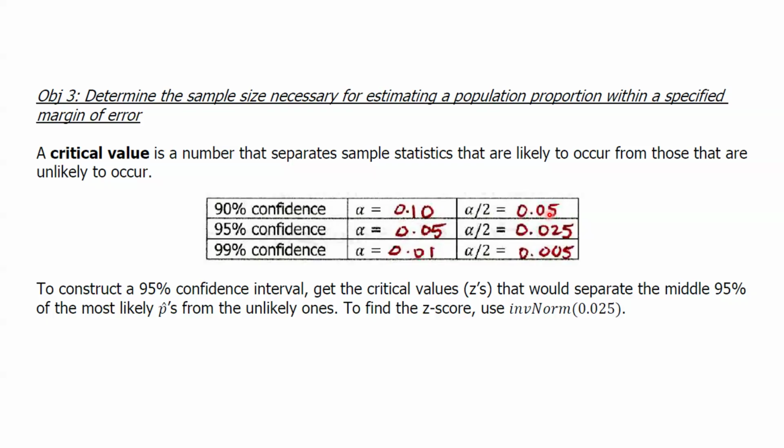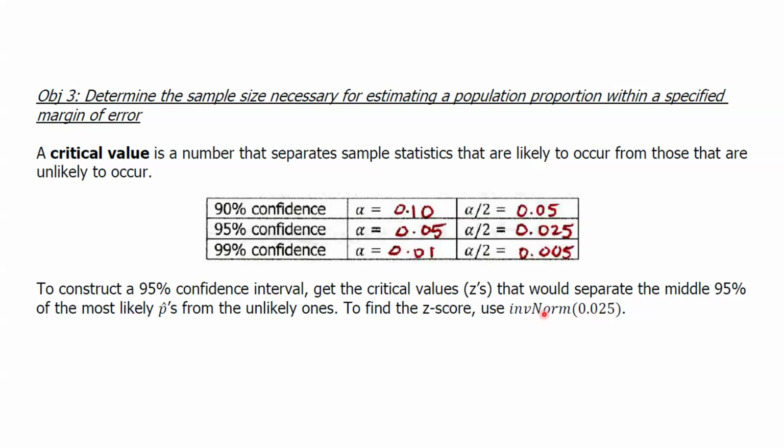Okay. So finding critical values, we are going to construct a 95% confidence interval and get the critical value z's that would separate the middle 95% of the most likely p hats or population proportions from the unlikely ones. And to do that, we are going to use the inverse norm. So to find those critical values, we are going to take the inverse norm of 0.025 for the 95% confidence interval.